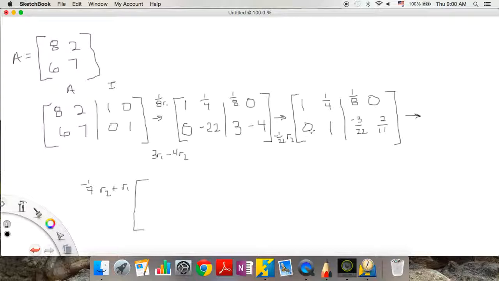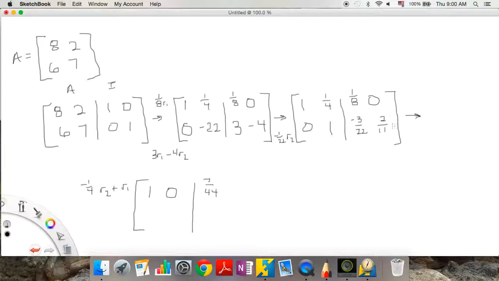So negative 1/4 times 0 plus 1 is 1. And then negative 1/4 times 1 plus 1/4 is 0. Negative 1/4 times negative 3/22 plus 1/8 is, you've got to do all those fractions, 7/44.